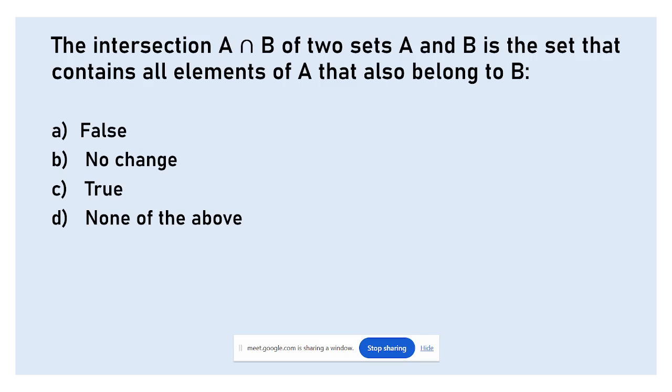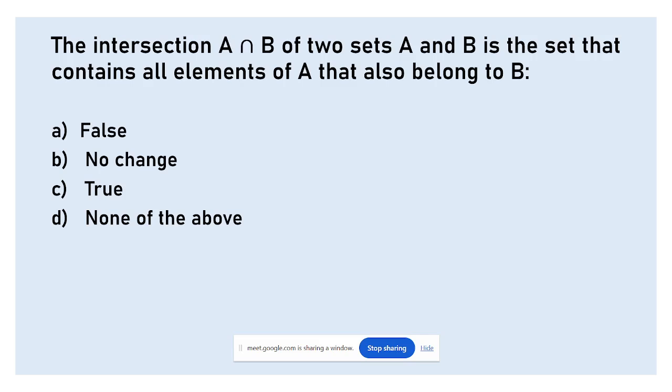The intersection A intersection B of two sets A and B is the set that contains all elements of A that also belong to B. Is the statement right or wrong? False, no change, true, or none of the above? You have two sets A and B. Okay, I don't think it's changing, right?